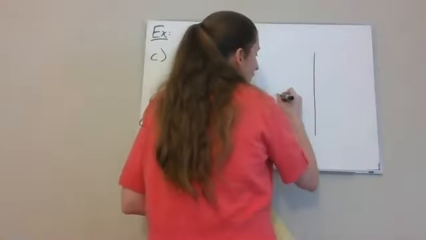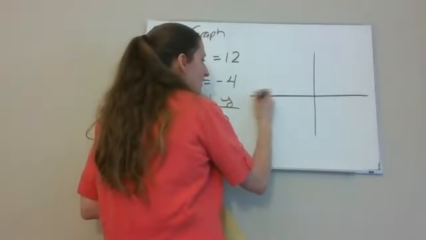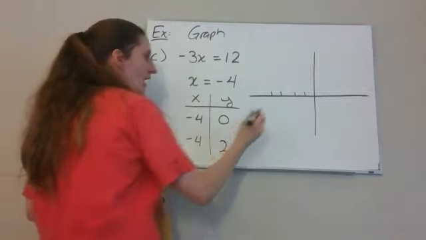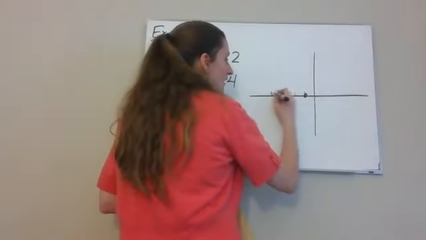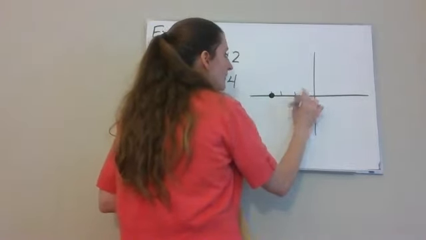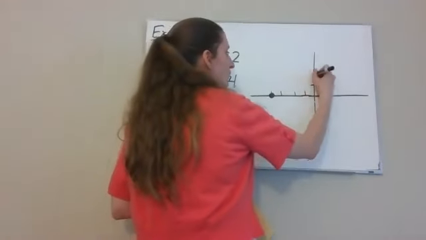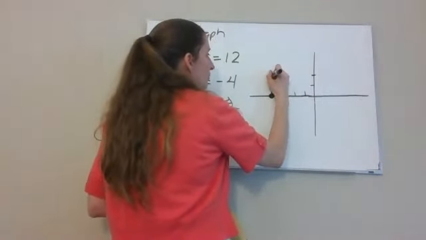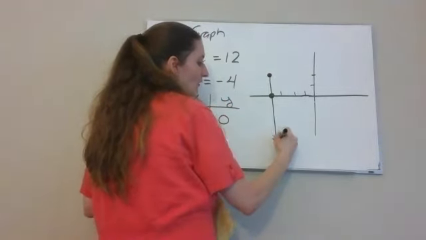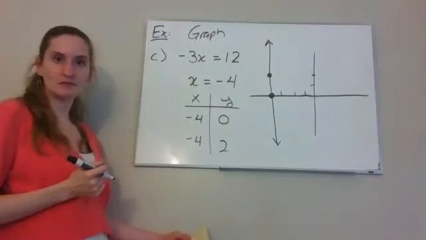Really doesn't matter as long as you have 2 points, you can graph and get a line. So I have (negative 4, 0), this point right here, and then I have (negative 4, 2), this point up here. When I connect the dots with these 2 points, I get a straight vertical line.